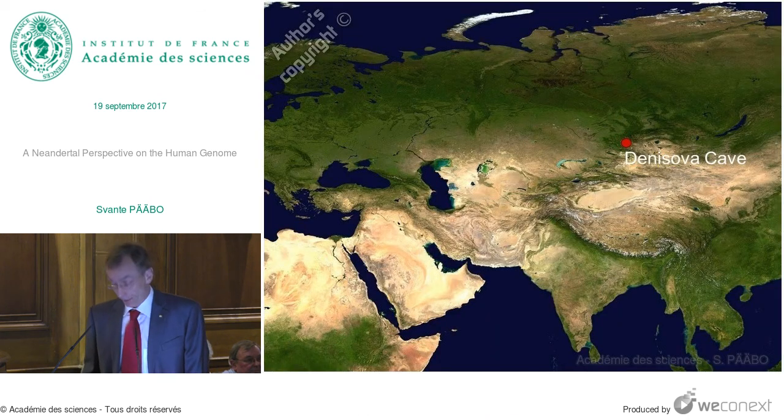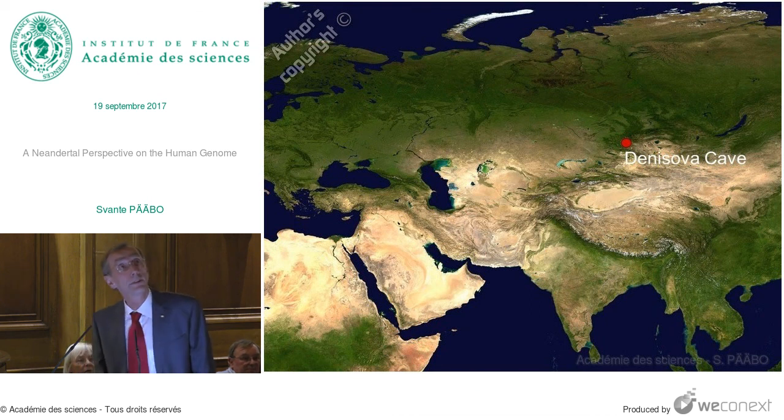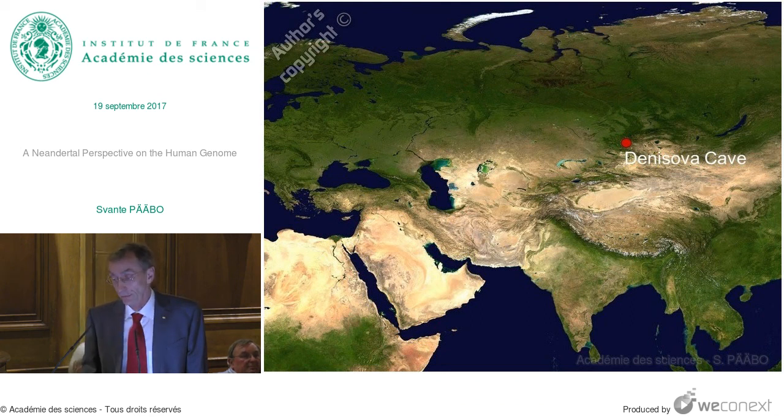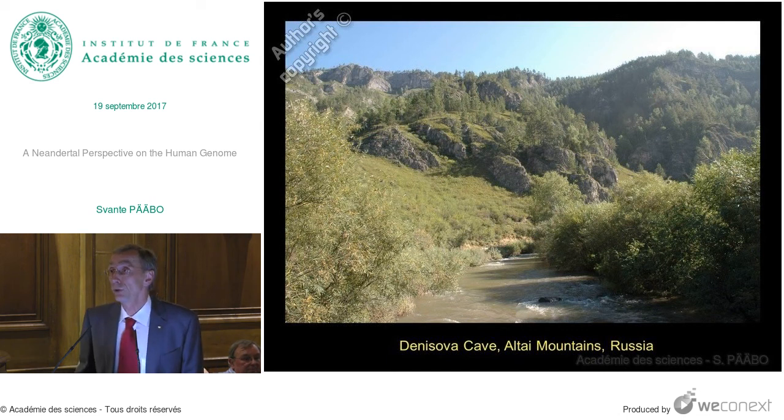What has happened since then is that we have worked a lot with archaeologists in Russia, particularly Anatoly Derevianko and his colleagues, who excavate in southern Siberia, and particularly at a site called Denisova Cave. It's a beautiful place in the Altai Mountains, close to the border to Mongolia.